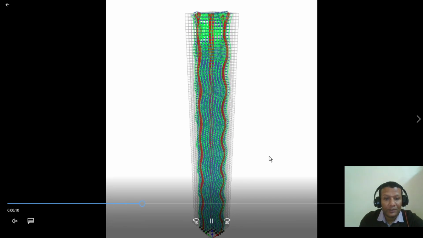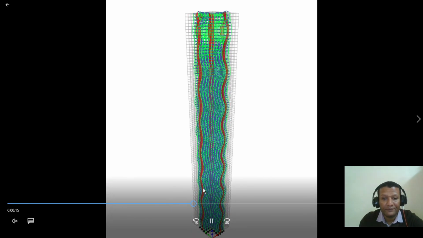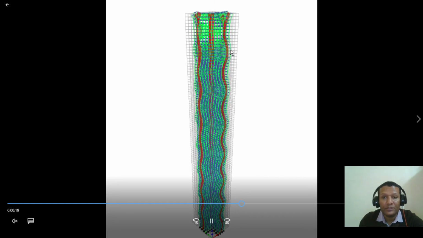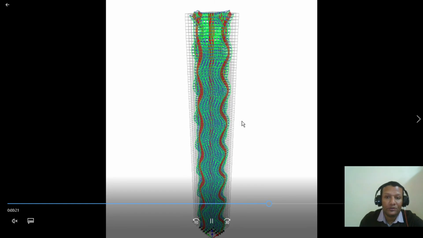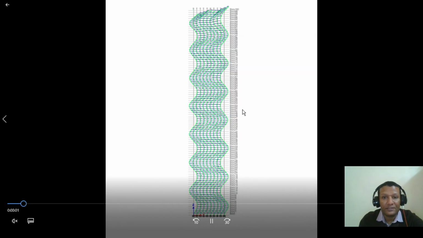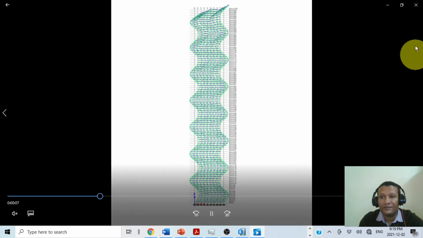So classical modal analysis is very important for the health of the building, and to know the natural frequency and period, and to check the local modes, moments or anything, for the stiffener or something. You can clearly see the higher modes.